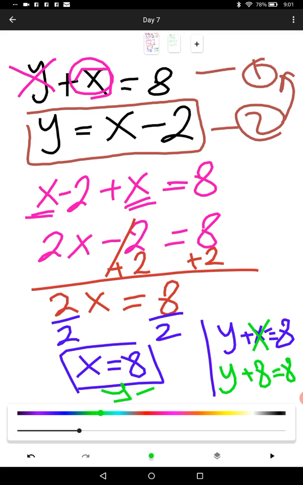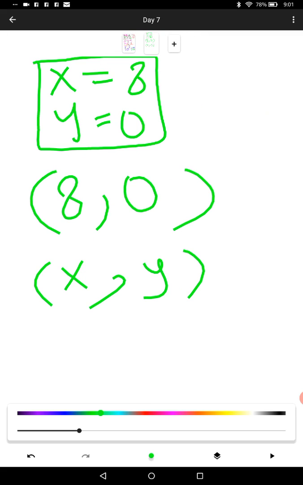Y plus x equals 8, this is the first one, and y equals x minus 2, second one. And this solution is correct for both of them. If you substitute x equals 8 and y equals 0 in the first equation and in the second, it will be true for both of them.